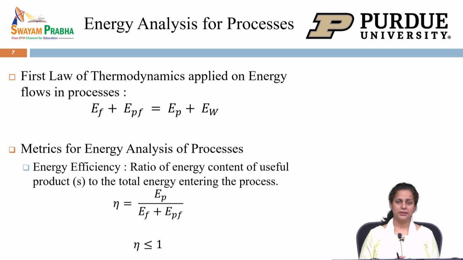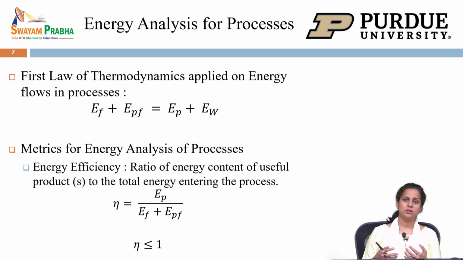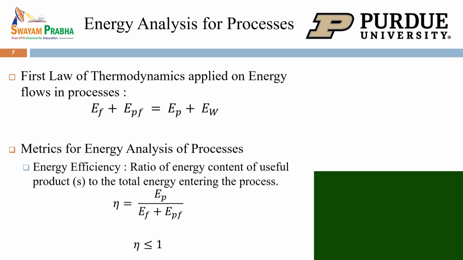Your efficiency is generally less than or equal to 1, because none of the processes are fully efficient. You will generally find that the efficiency of the processes in our economy or in our technological system is less than or equal to 1. So, that is the first metric. What this metric gives is how good the process is in utilizing the energy and the energy content of the feedstock to convert to the valuable product.